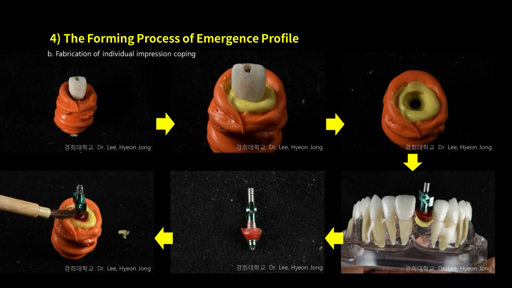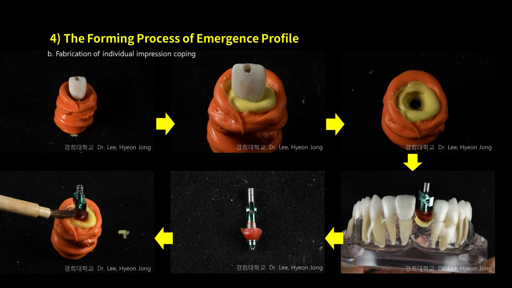So what we need to do, after removing the temporary, lab analog should be connected. After the connection of the lab analog, like the second picture, it should be submerged in silicone. The temporary crown, the maximum contour area, the emergence profile area should be completely submerged in silicone.